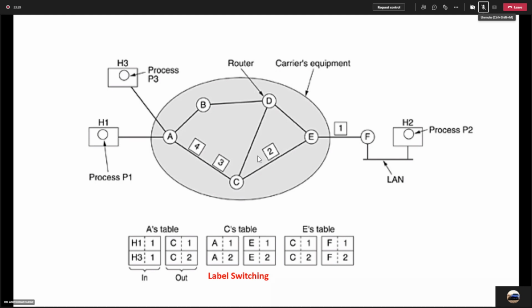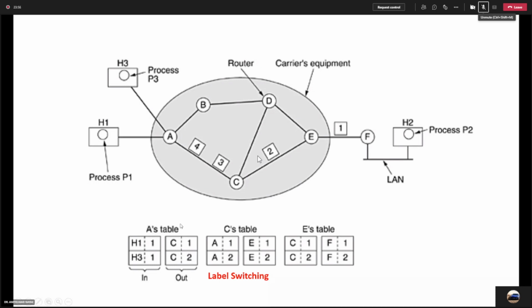H1 and 1. Does it mean that A is directly connected with H1? H3 and 1. Does it mean that A is directly connected with H3? C and 1. Does it mean that C is directly connected with A? And C and 2.